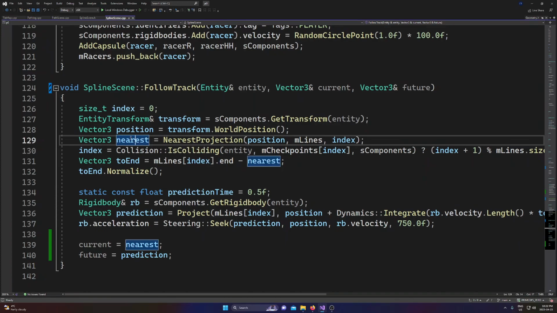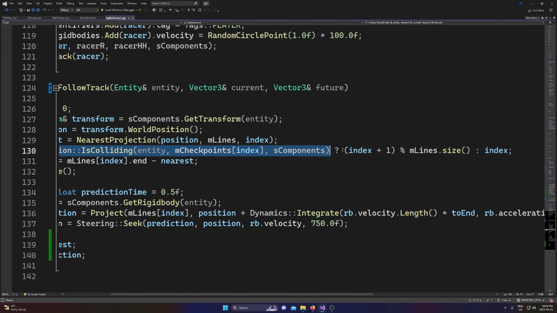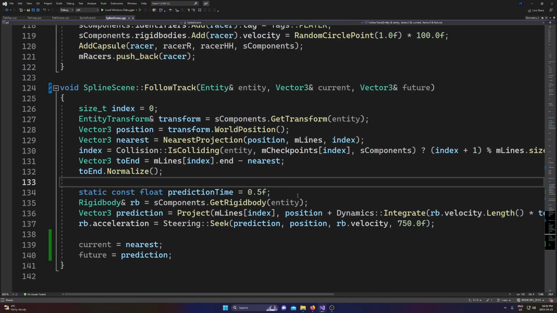So we start off by getting our nearest projection, and from there we want to determine the end of the line segment, which is going to be used to find the direction in which we want to seek towards. But in order to ensure we're seeking towards the correct target, we first must test if we're colliding with the checkpoint. So if we are colliding with the checkpoint, we want to advance our target by one and bound it. Otherwise, we keep seeking along the current line segment.